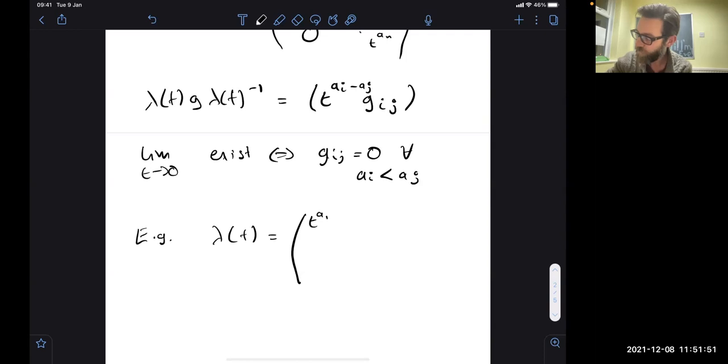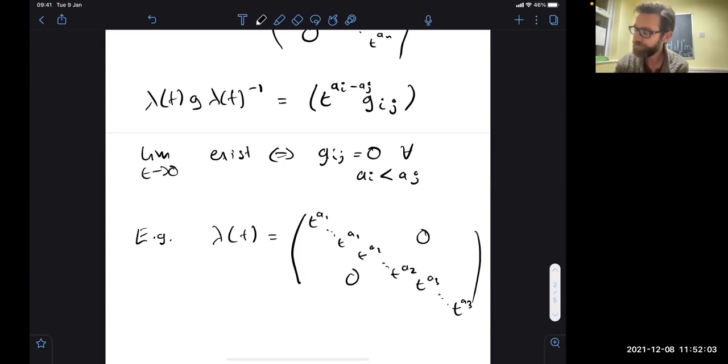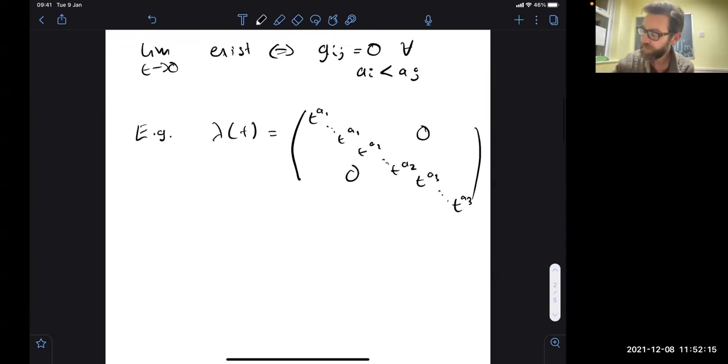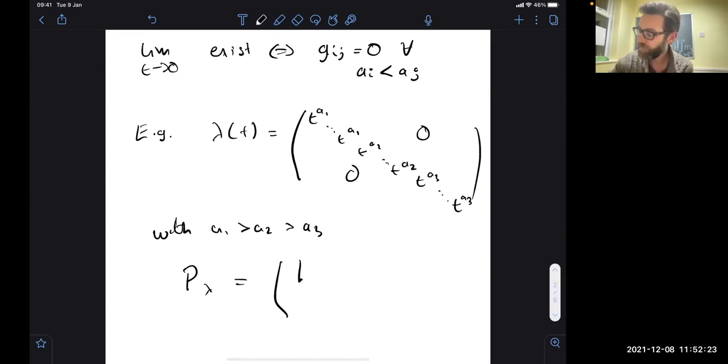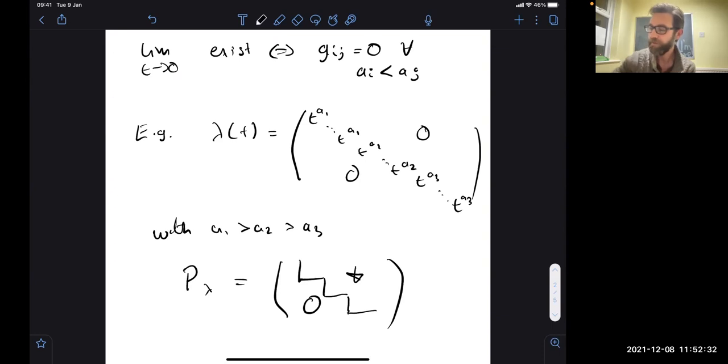If I do t to the a_1 a few times, t to the a_2 a few times, t to the a_3 a few times, so I've got a block, a certain number of powers a_1 occurring, and then a block of a_2s and a block of a_3s, and I specify that a_1 is bigger than a_2 is bigger than a_3, then P_lambda is going to be the corresponding block-shaped parabolic subgroup. And it's very transparent how that all fits together.